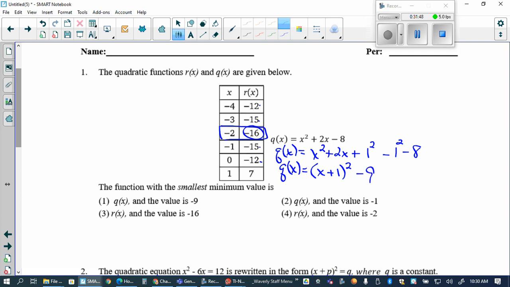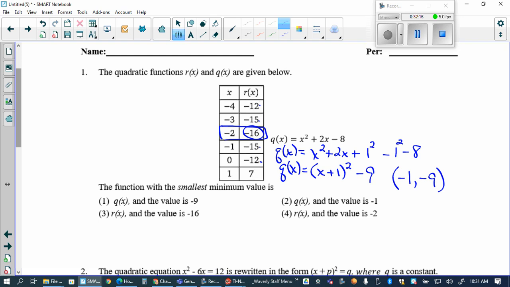Minus 9. Cami, is that what you had? Yep. So what is the vertex? Negative 1, comma, negative 9. Cami, you kept saying negative 1, 9. I suspect that you wrote negative 1, negative 9, and just said 9.